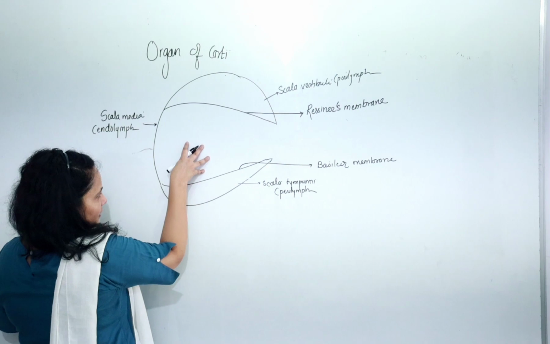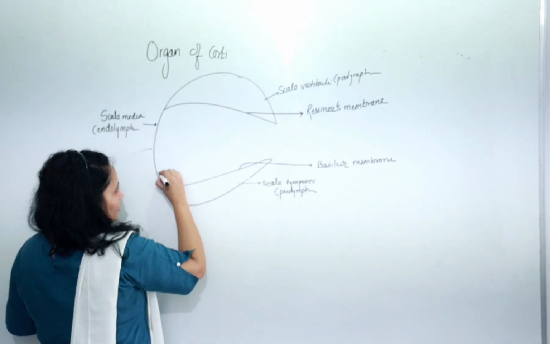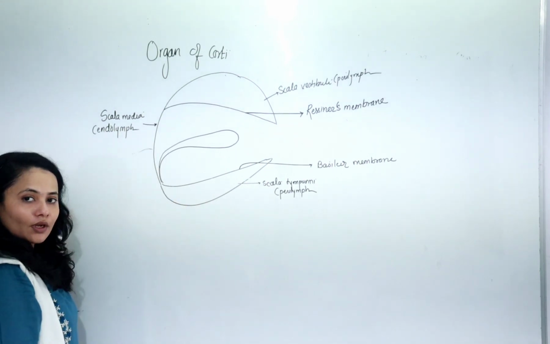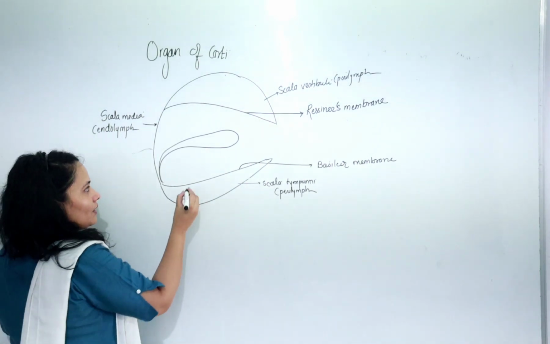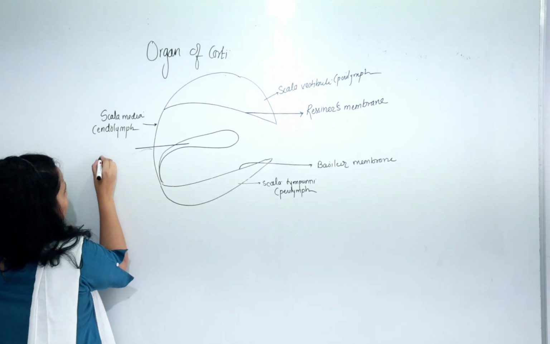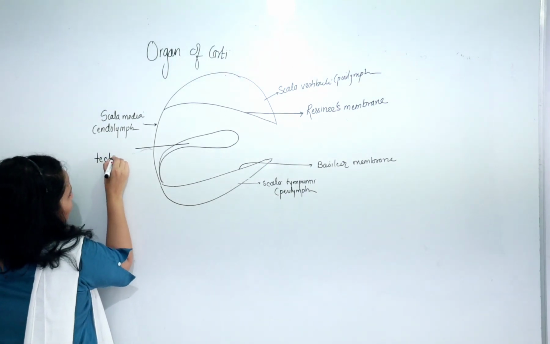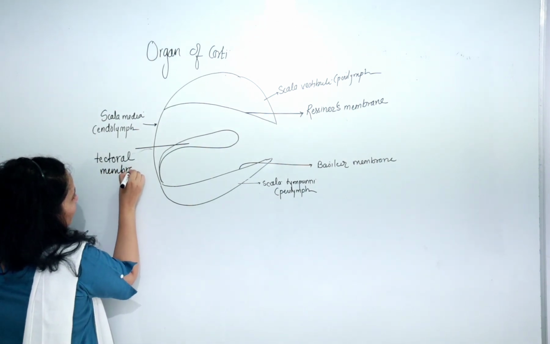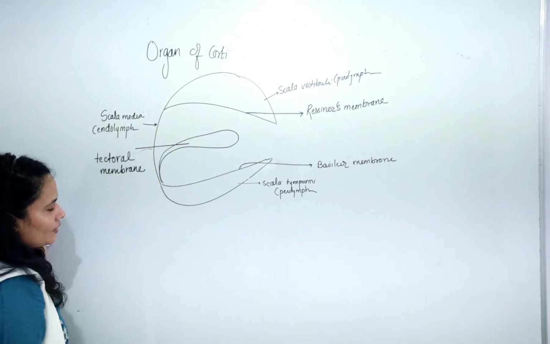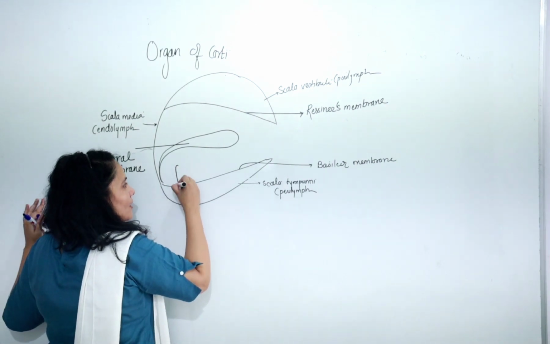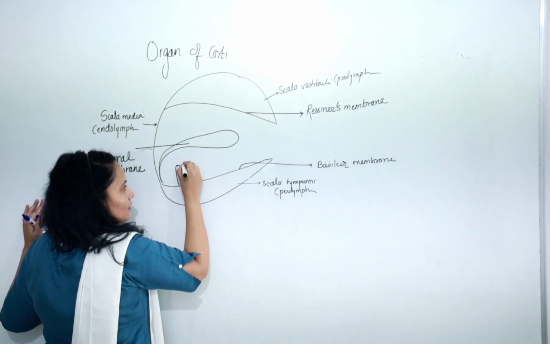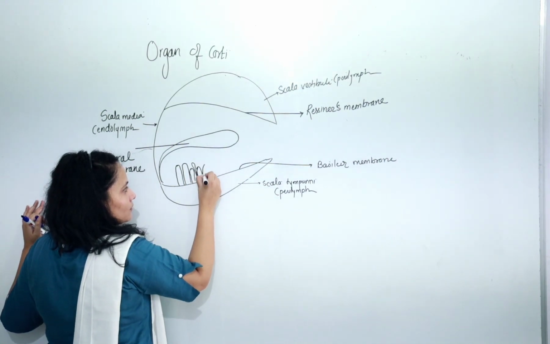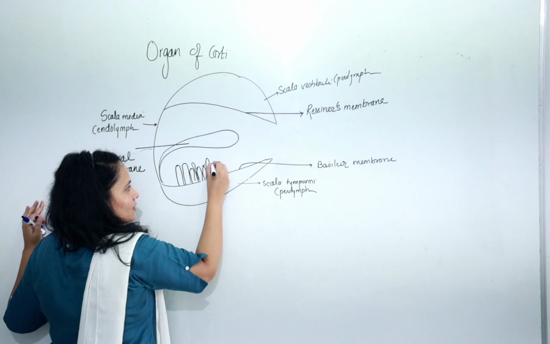Now, inside the scala media, there is a membrane enclosed this way, and this membrane is called the tectorial membrane. And here are certain cells, some long cells, some short cells.